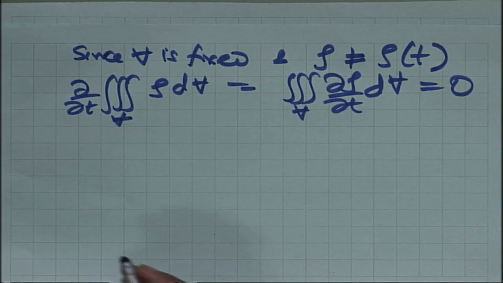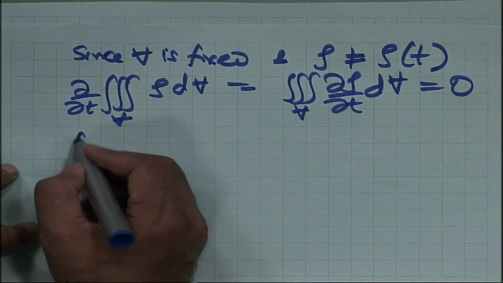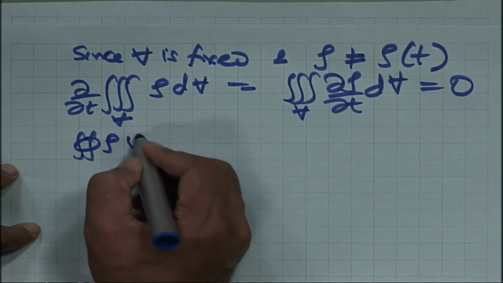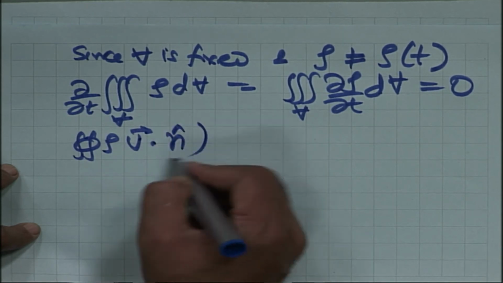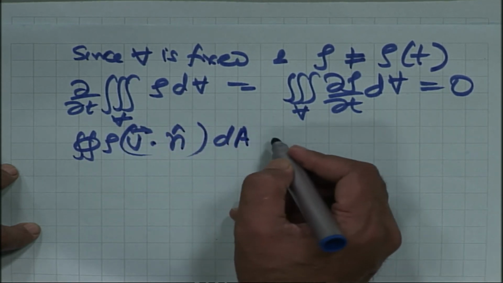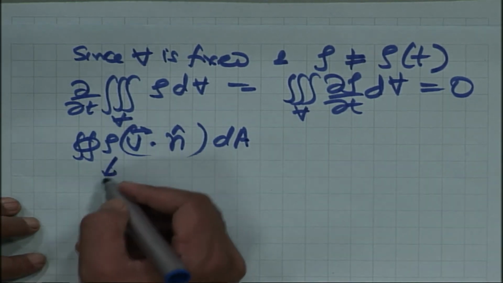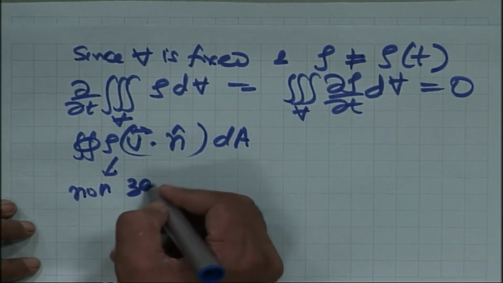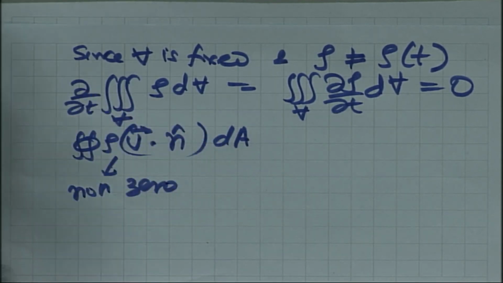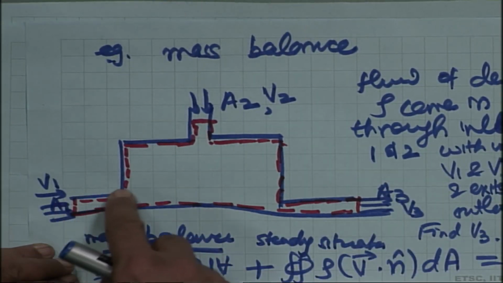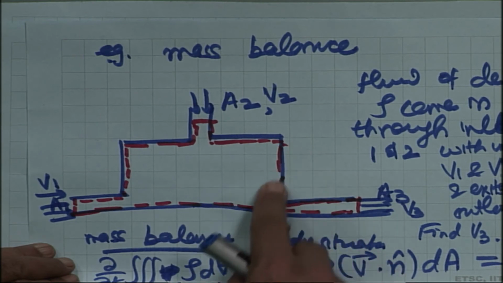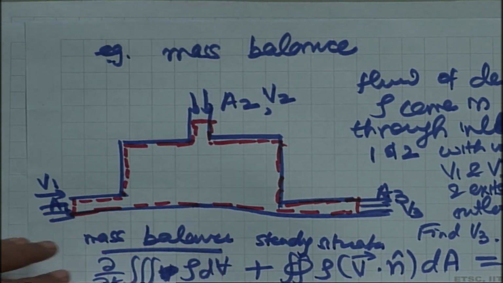Now, we have the second term, the integral, and this term is non-zero. To calculate it, we have to mentally go around this red dotted line, this whole surface, and calculate V dot n dA at each point on this surface.